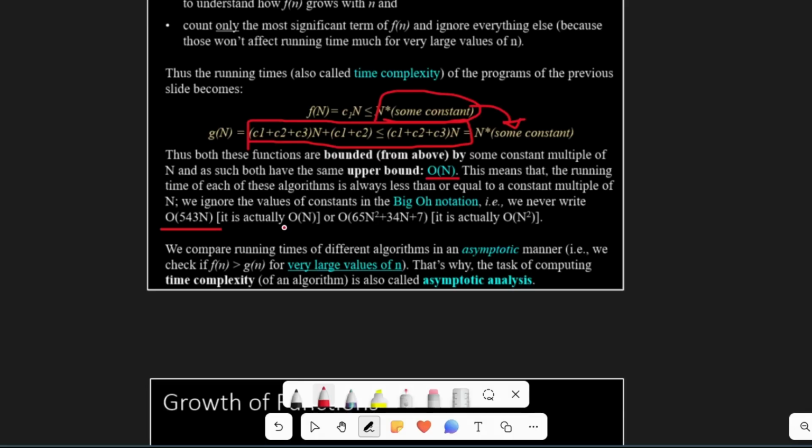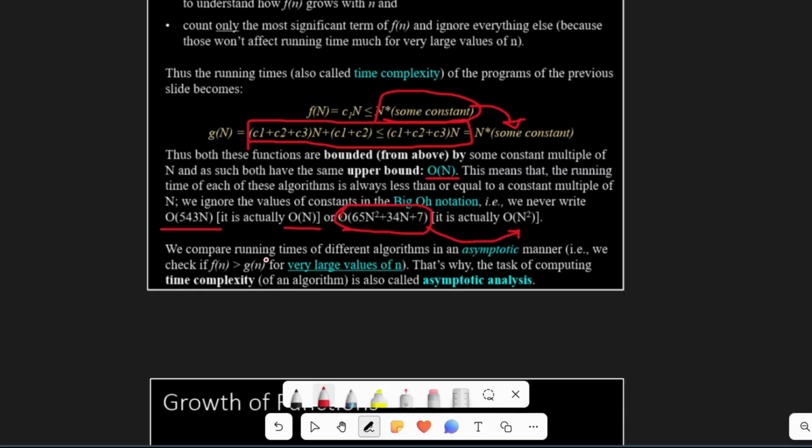It is actually order of n, because this constant term we ignore whenever we write time complexity. In this function, this is order of n, this is order of 65n square plus 34n plus 7. So we take the worst case and constants don't need to be considered. So the time complexity of this function is order of n square.